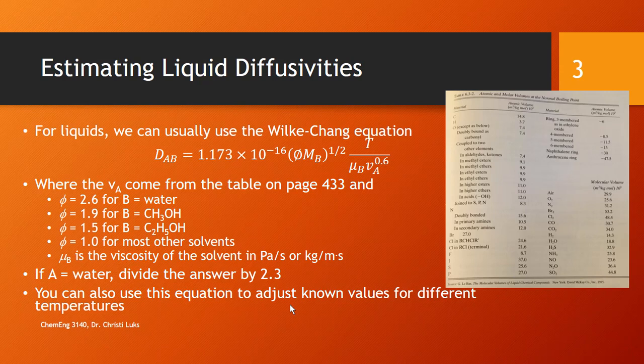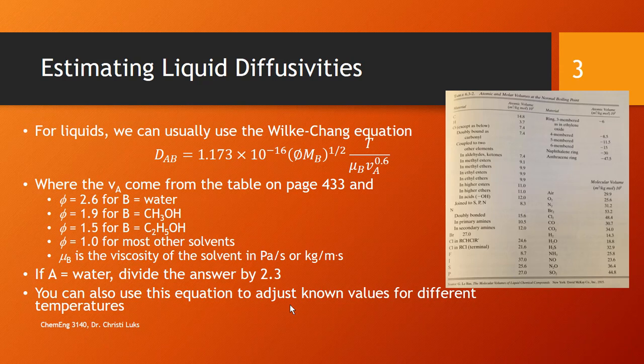Generally, the equation that we're going to most frequently use and that I'm recommending for this class is the Wilke-Chang equation. This is going to be the best for estimating liquid diffusivities. Like the one we were using for gases, it's going to have some kind of funny terms in here. So it's got this constant 1.173 times 10 to the minus 16th. I'm going to multiply that by the square root of phi times the molecular weight of B. Now remember, B is the solvent.